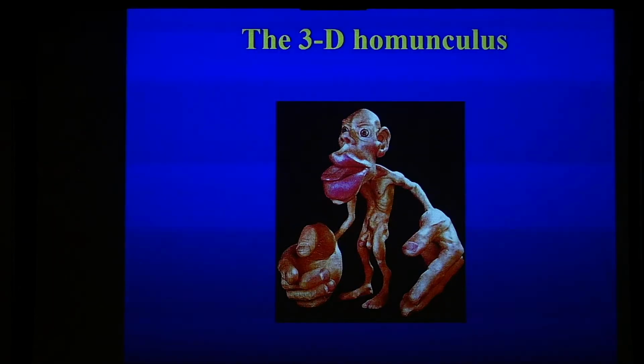Here it is. This is a three-dimensional homunculus. This is a three-dimensional image of what we think the sensory input to the somatosensory cortex would look like in three dimensions. I like to show it because it really exaggerates and emphasizes everything on that last slide. Look at the representation of the hands.